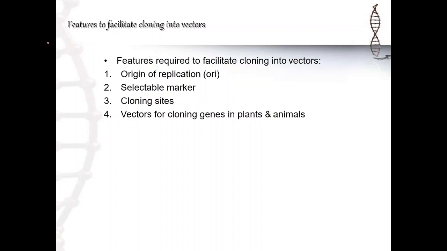Alright, let's proceed. There are some features to facilitate cloning into vectors. Cloning happens only when the features required to facilitate cloning into vectors are present.